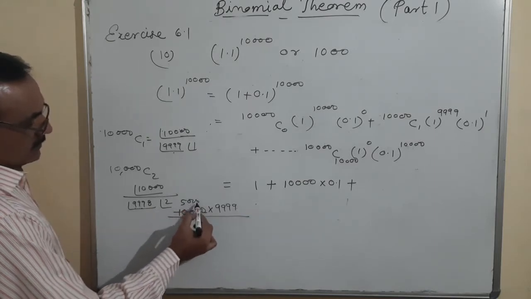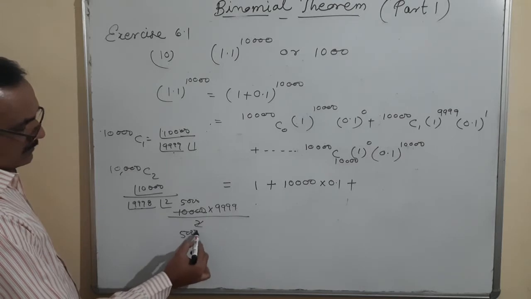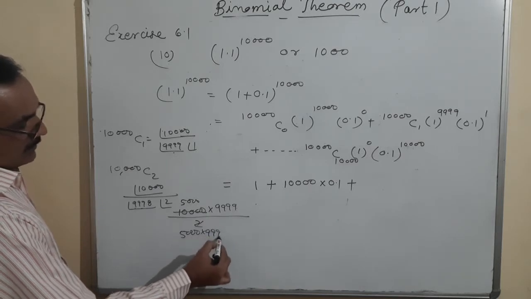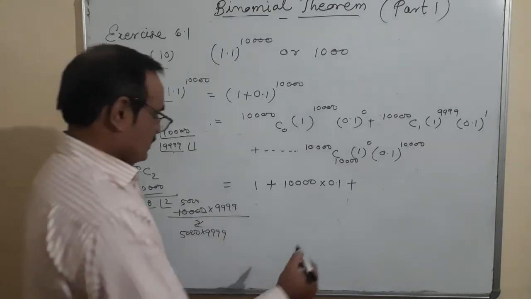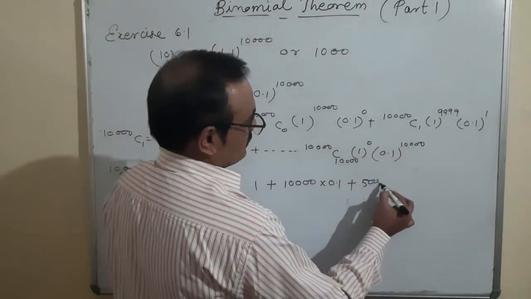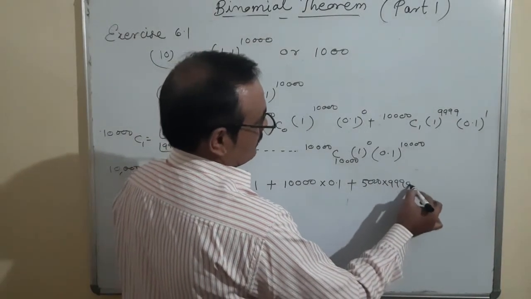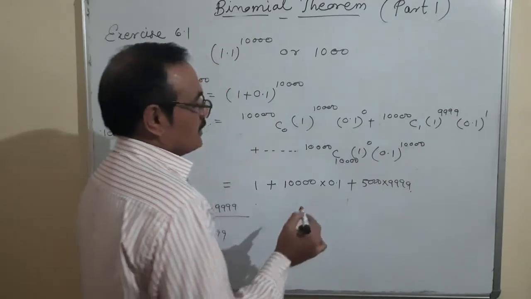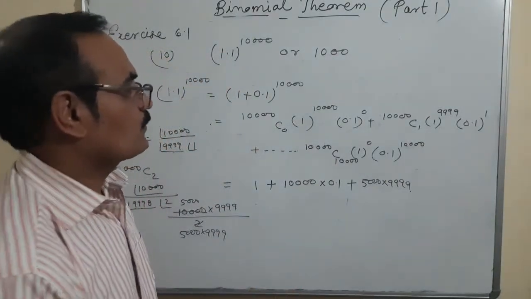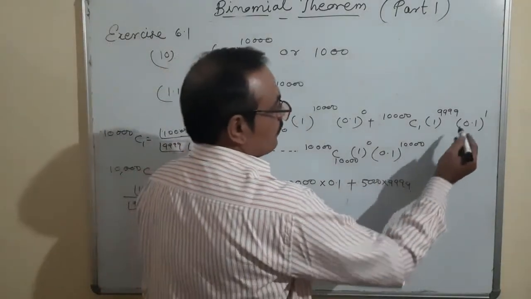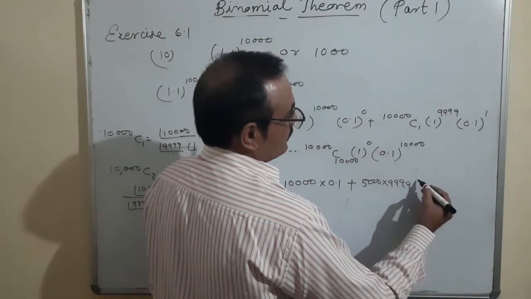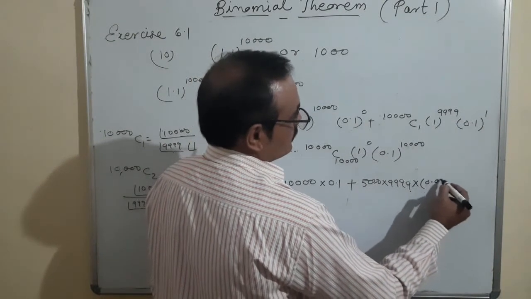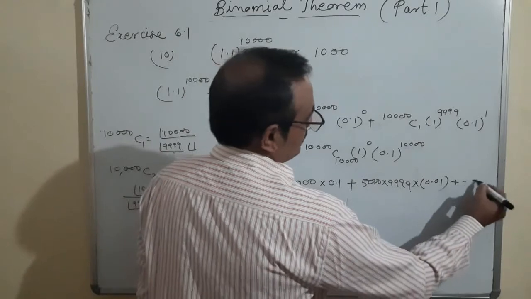So 5,000 multiplied by 9,999. This is the value of 10,000 C2, and 0.1 to the power 2, that means 0.01. Okay, and this process is continuous.